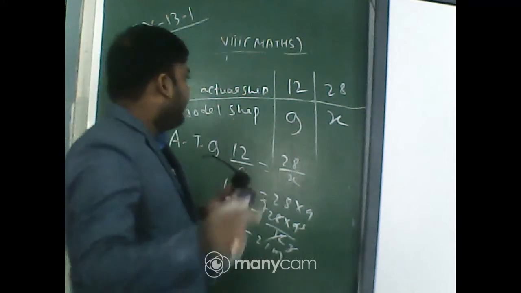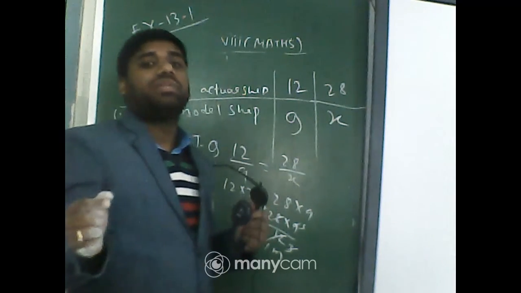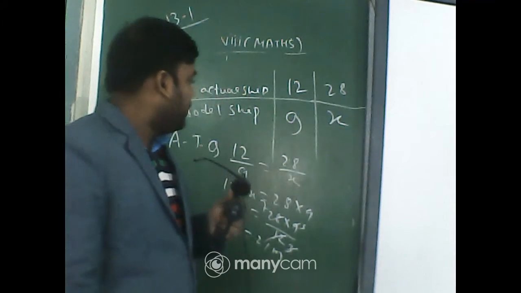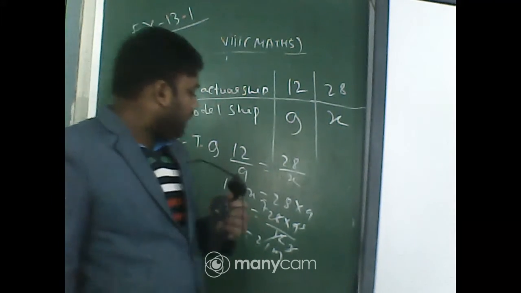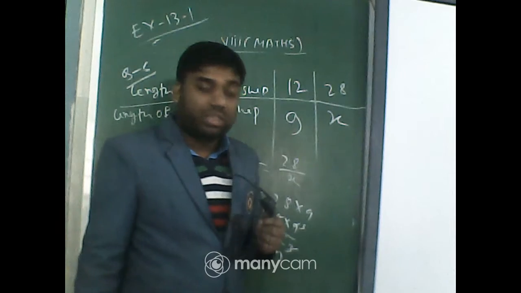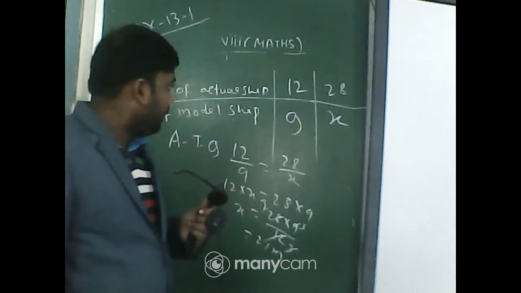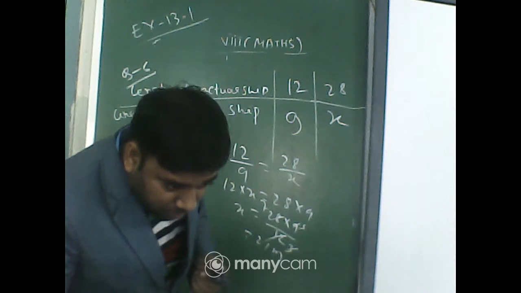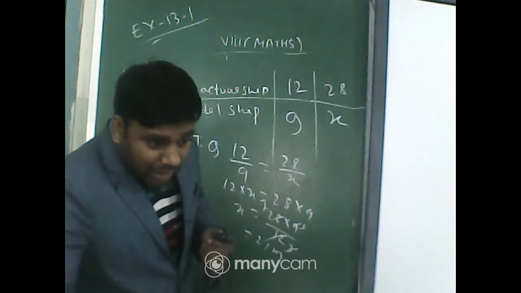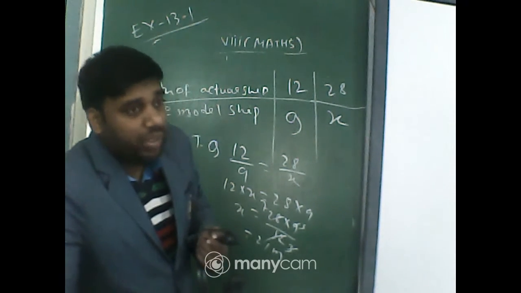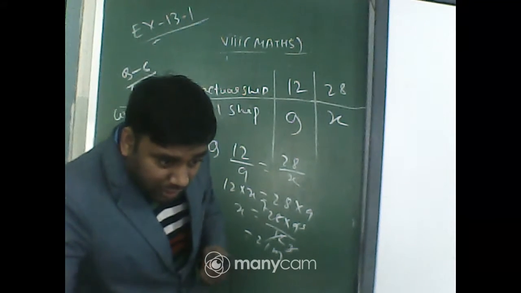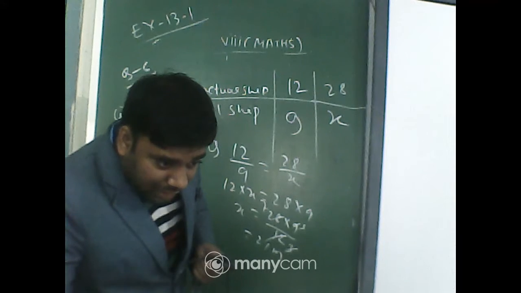So when the length of the actual ship is 28 meter, in the model ship it is 21. Answer statement: length of the model ship is 21 centimeter. These are not in meter, these are in centimeter.